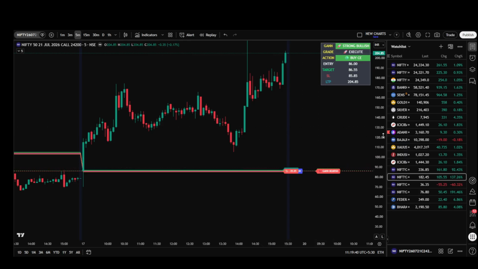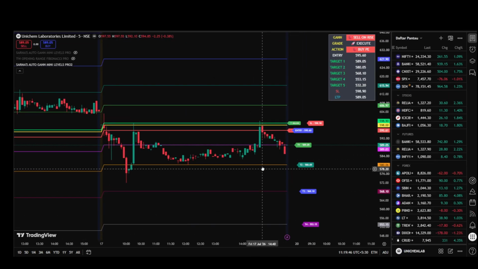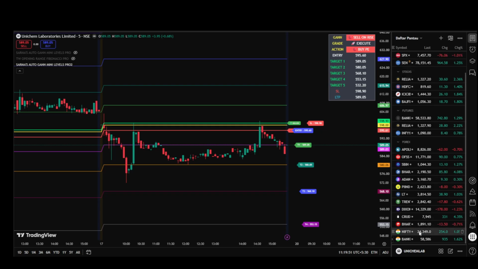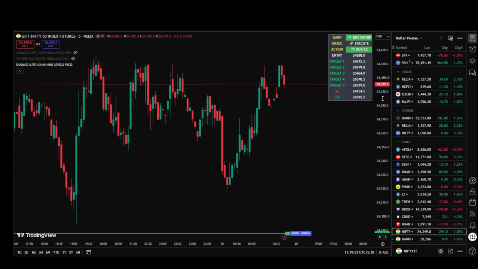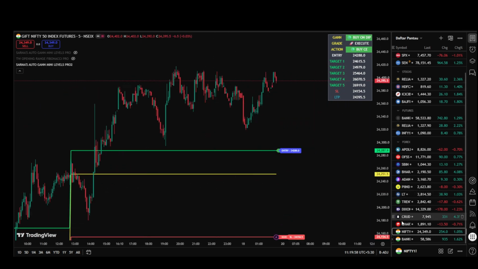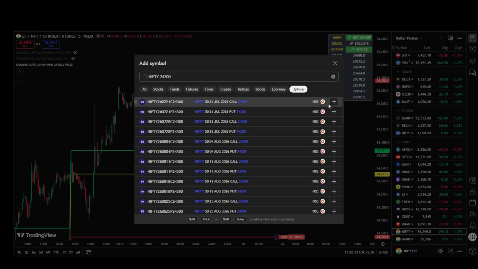So you can also see that there are so many. The GAN indicator is there, with entry levels and targets, everything is given. I'll show you here so that it will be more comfortable. Your entry is given at 24,000, and if we want to trade in Nifty 24,300, let's go to options, the 300 call option.